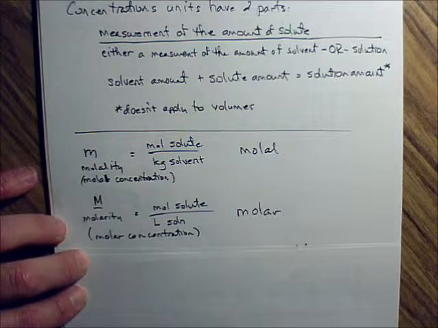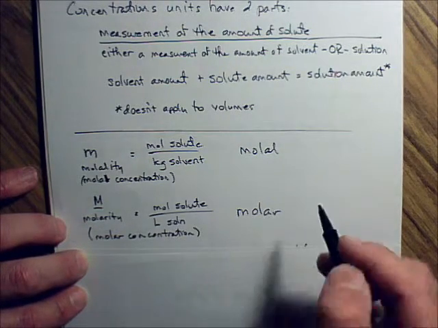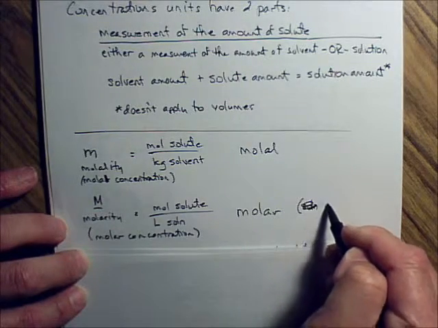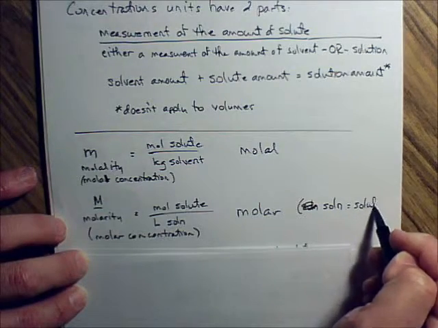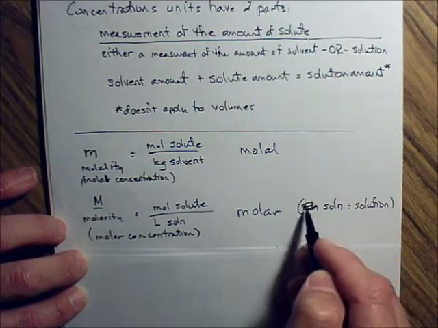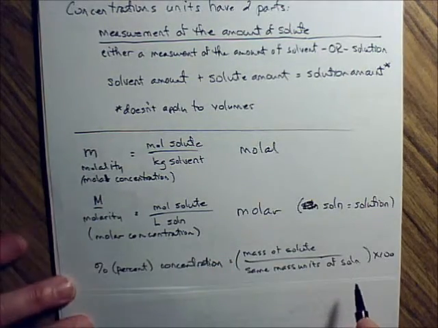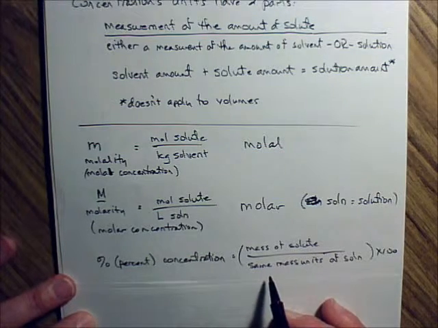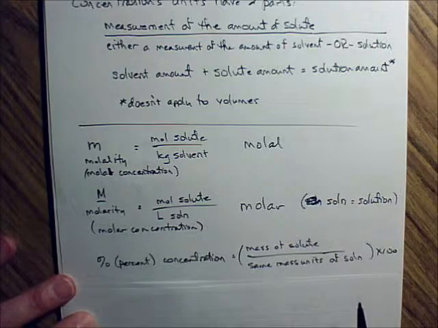Moles of solute over liters of solution. Soln is a shorthand way of writing solution. And then we've got percent concentration. Percent concentration is the mass of solute divided by the same mass units of the solution times 100.